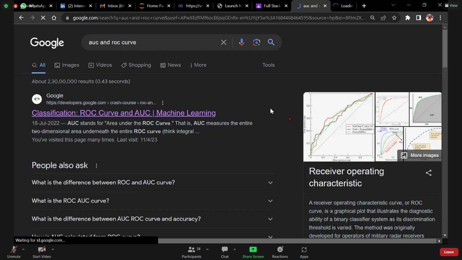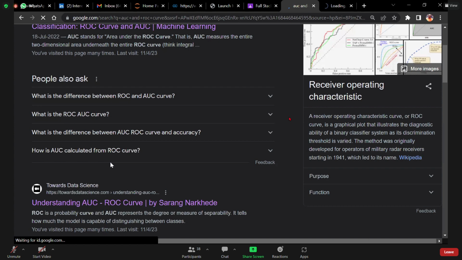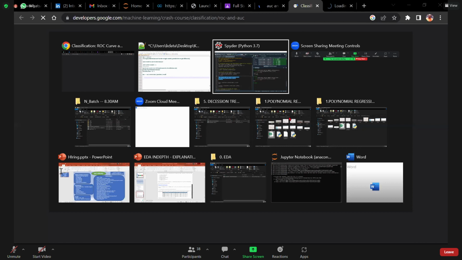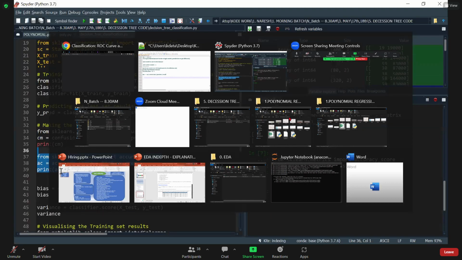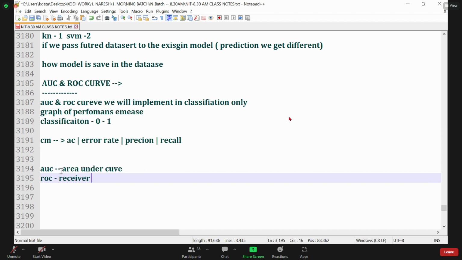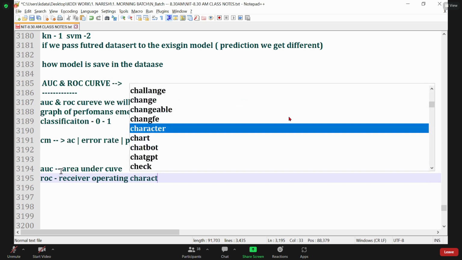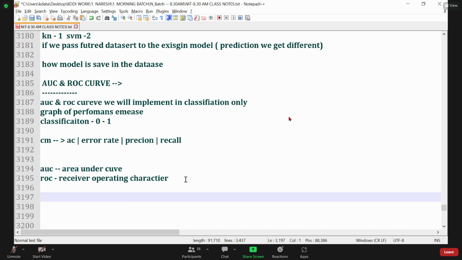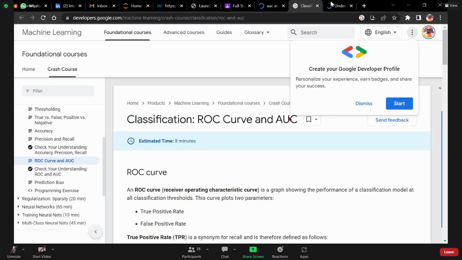AUC means area under curve, and ROC is receiver operating characteristic. Did we discuss TP, TN, FP, FN? Do we know this or not? Okay, we understand.